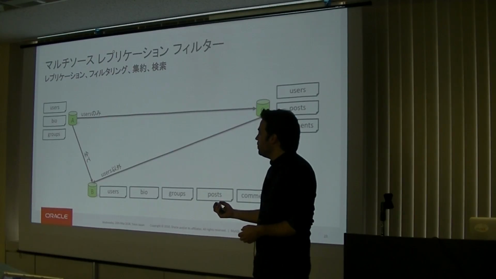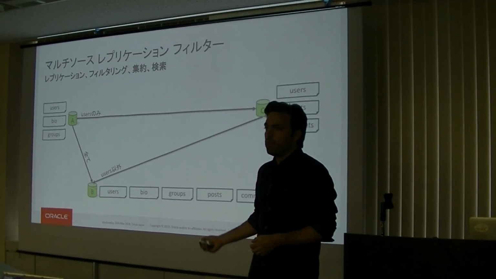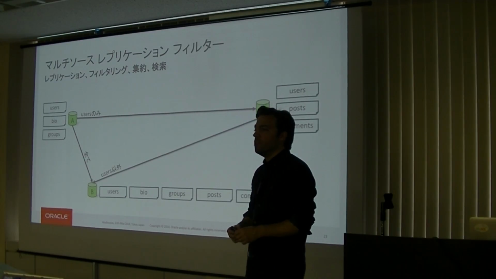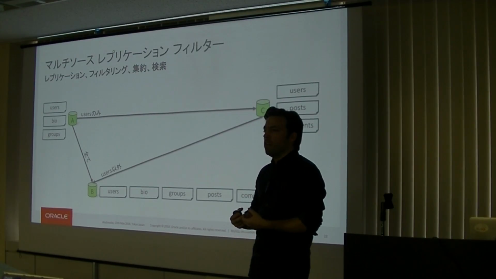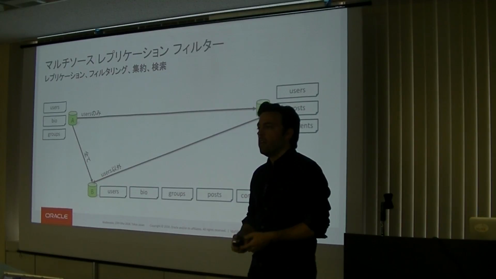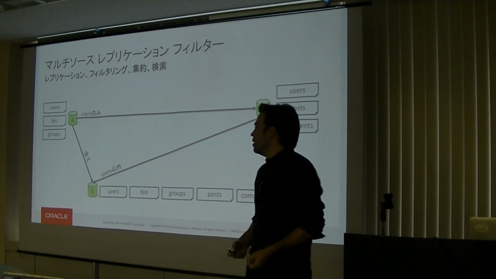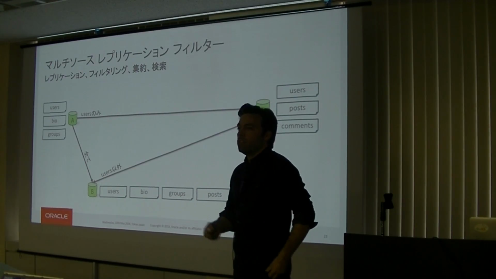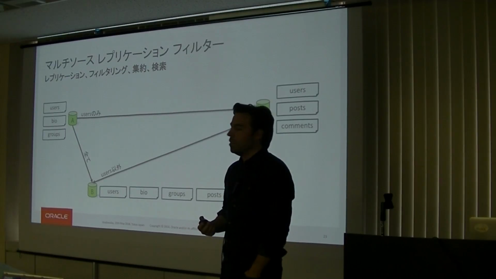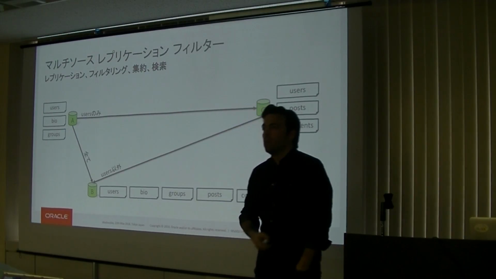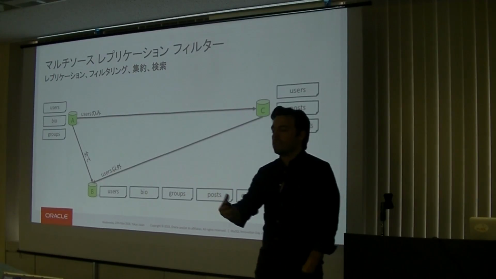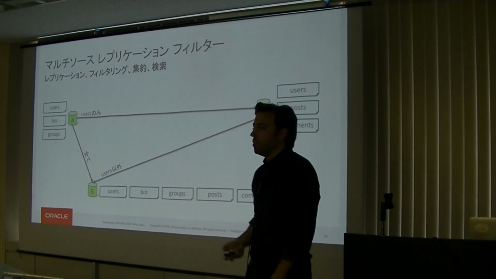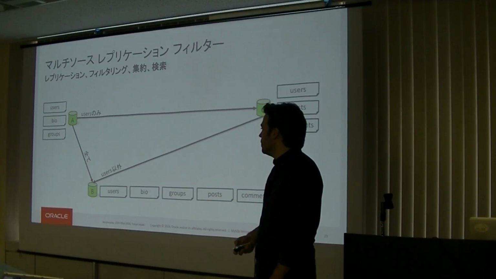So in MySQL 8 we deliver this feature where you can specify per source which kind of data you're interested in, so you can filter the data that is coming in based on the source that you're connected to, as opposed to setting up global filters that operate on all channels.